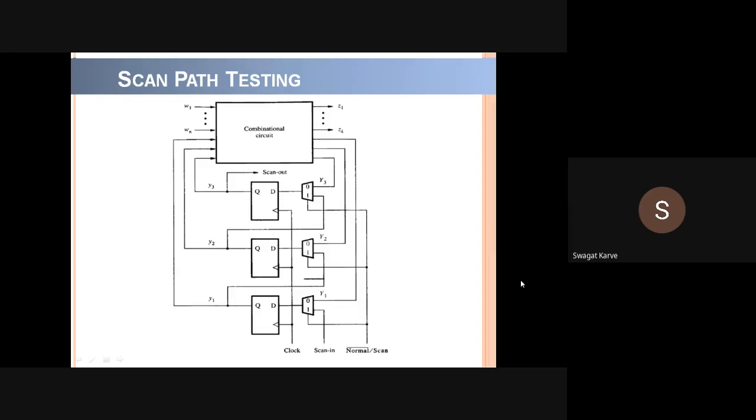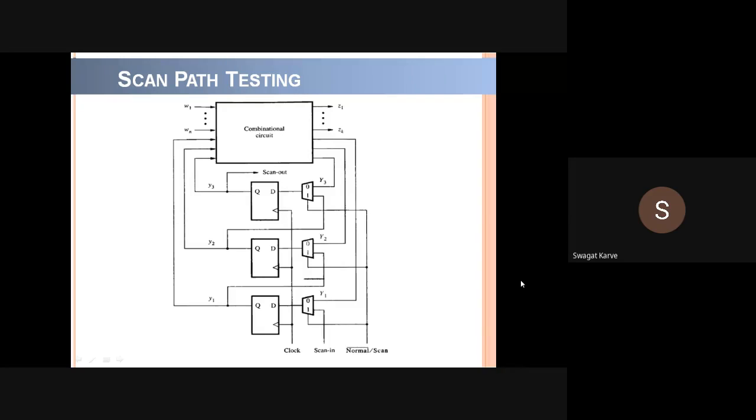Second one is path sensitizing. Third method is the random test. That means you can use a combination of both, or you can use any one of them, depending upon your application. So that is about the random test method.